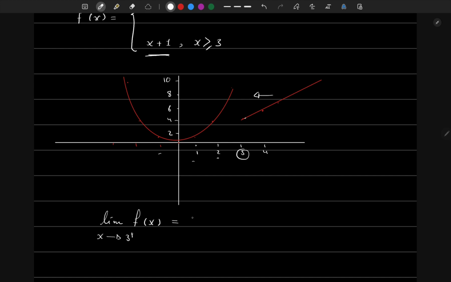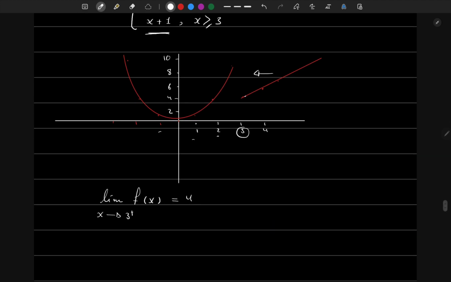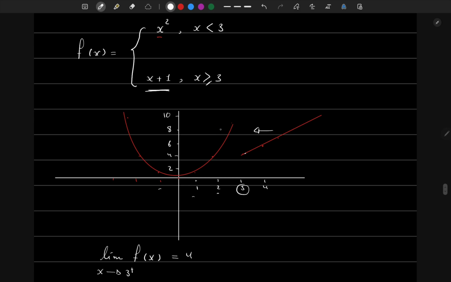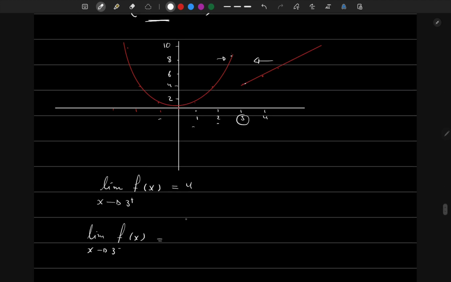It's going to equal something about 4. But the limit for the same function when x approaches 3 from the left hand side is here from this side. You will find out that it's going to equal something that is very close to 9.